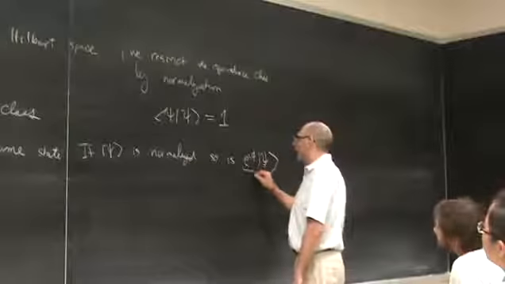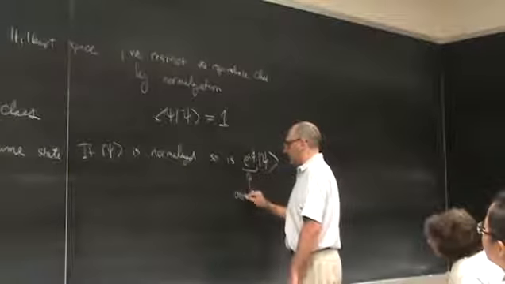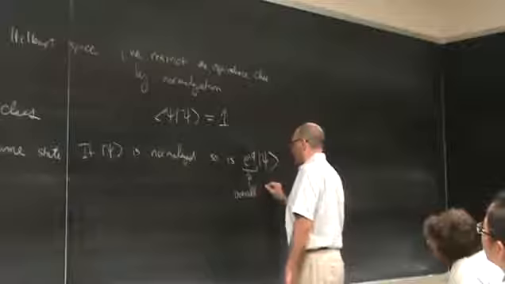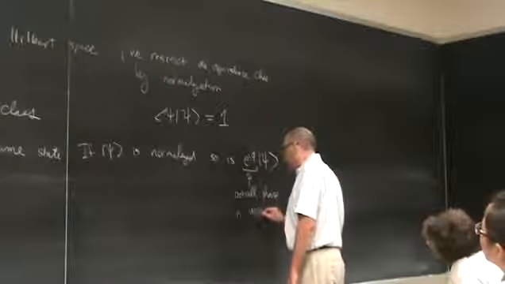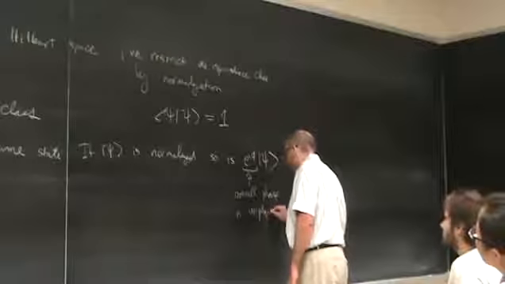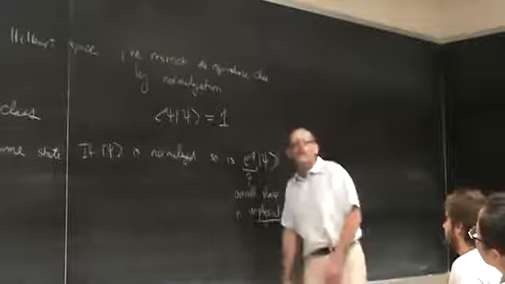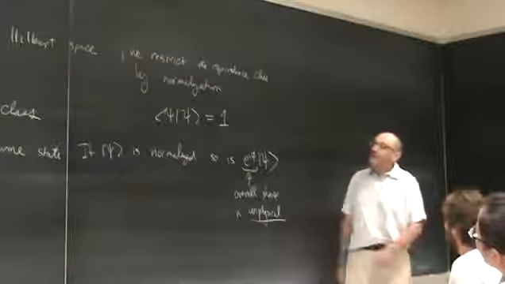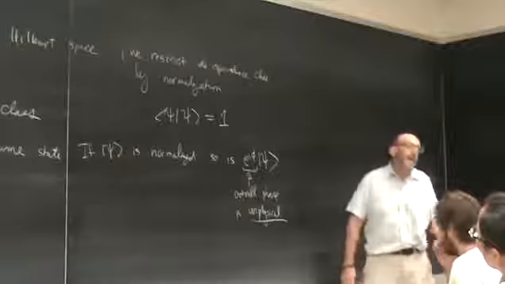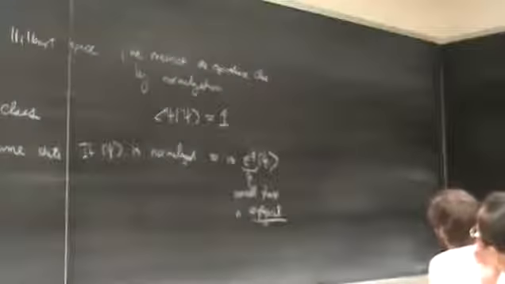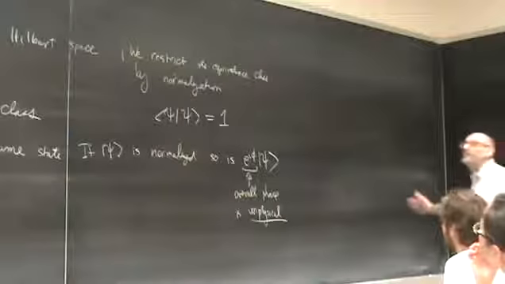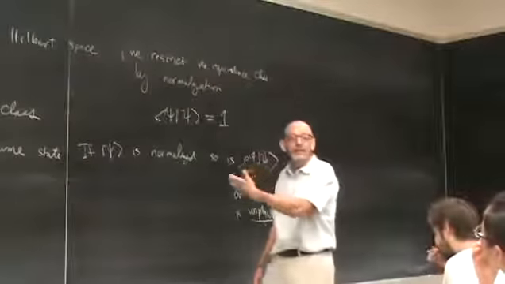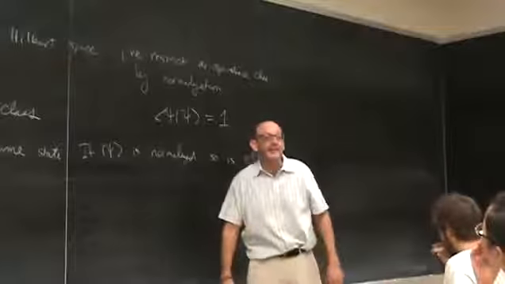So this overall phase is unphysical. And what we mean by unphysical is that it in no way affects our prediction of outcomes of measurements. That's what we mean by physical. If it affects our prediction of an outcome of an experiment we can do, then we say it's a physical effect.